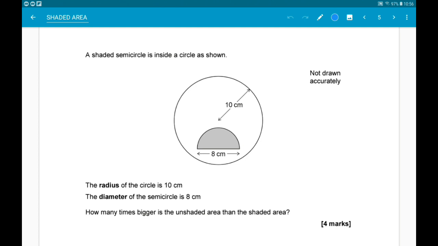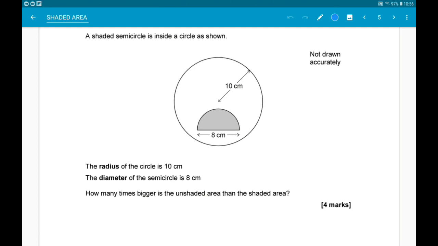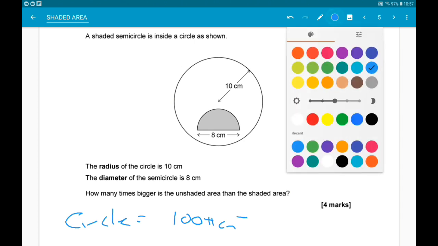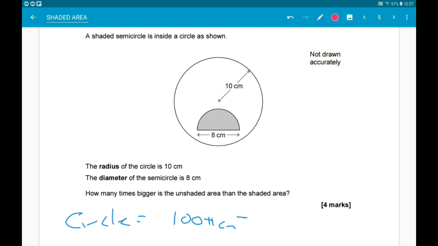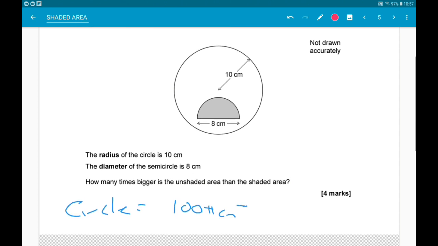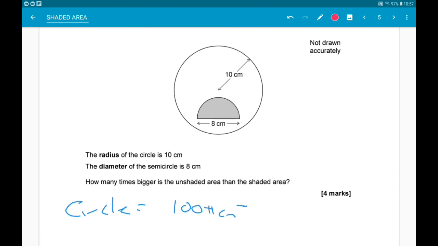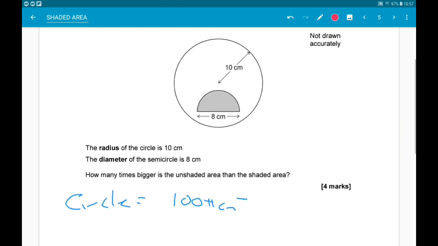So the circle is going to be pi times 10 squared, so that's 100 pi centimeters squared. Now for the semicircle, be careful there because we are told the diameter is 8 centimeters, so that means the radius is 4 centimeters.